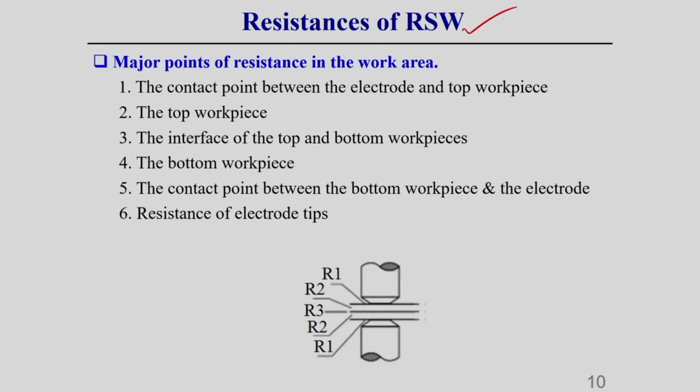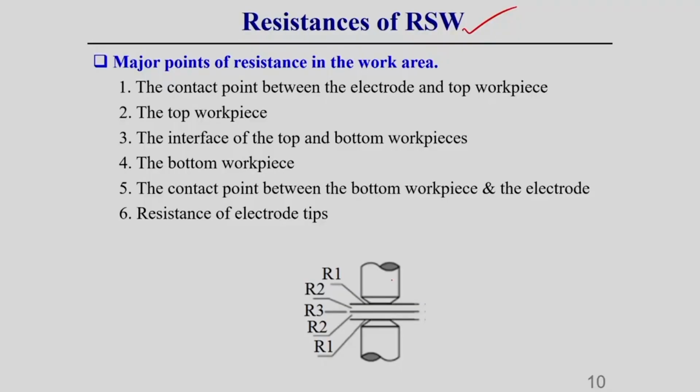Now, for resistance spot welding, first of all we should know what the different types of resistance are and where they are formed. In resistance spot welding there are 6 different major points of resistance in the component. What are these 6 types of resistance? I am showing them here. Here you see this is the electrode, and there will be some resistance.